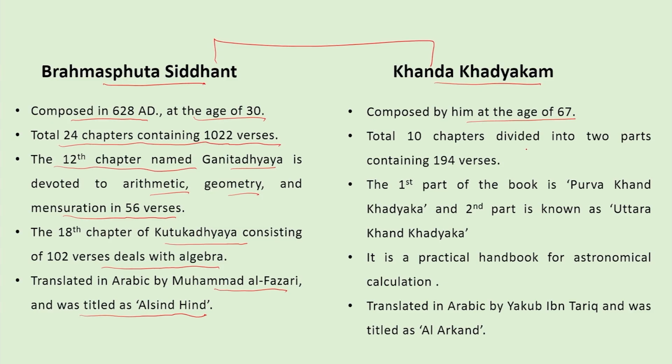It has a total of 10 chapters divided into two parts containing 194 verses. The first part is Purva Khand Khadya and the second part is Uttar Khand Khadya. It is a practical handbook for astronomical calculation, translated into Arabic by Yaqub ibn Tariq and titled Al-Arkand.